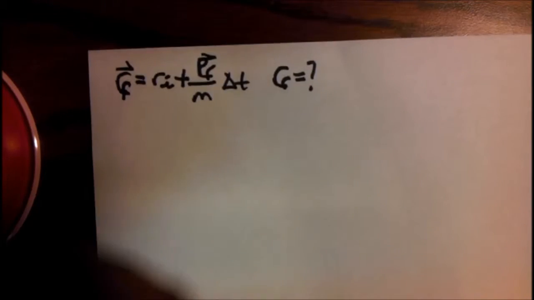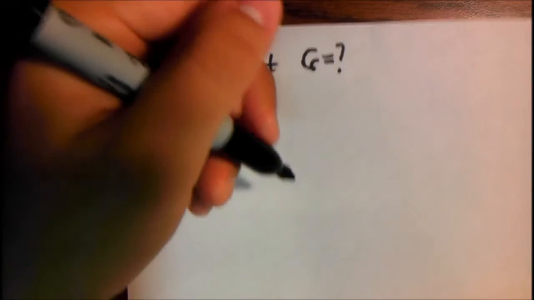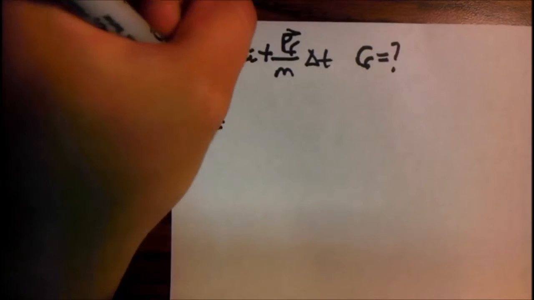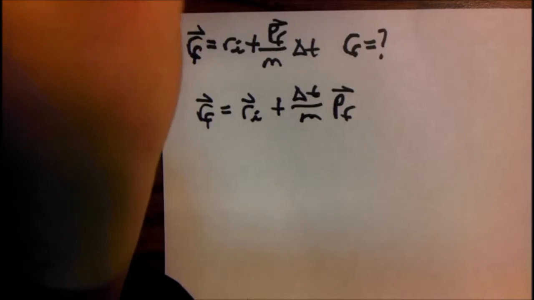So continuing on, our final position, r f, is going to equal r i plus delta t over m times our momentum, which from the previous part is pretty long, so just refer back to that part of the video to see it.